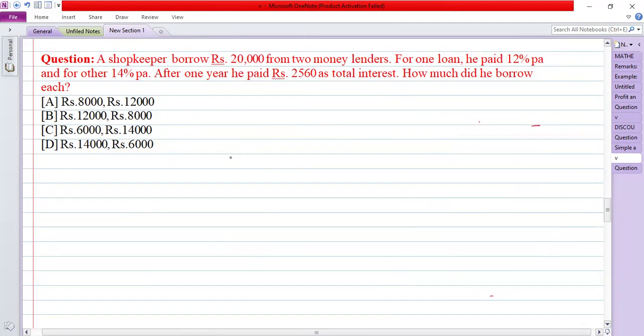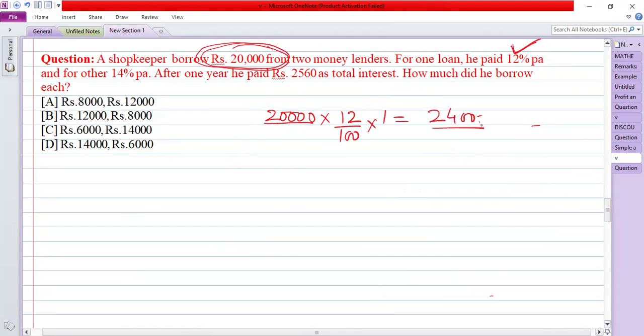Now, the same question with the help of the so-called smart technique. Now, in this way, we assume that the whole amount is invested at, say, 12% per annum. So 20,000, the whole amount, is invested at 12%. So for 1 year, this 20,000 will give us 2,400 interest.